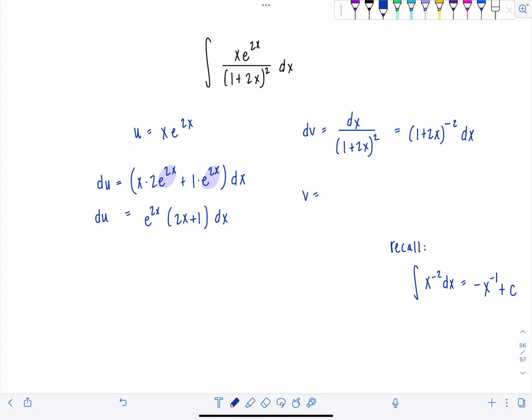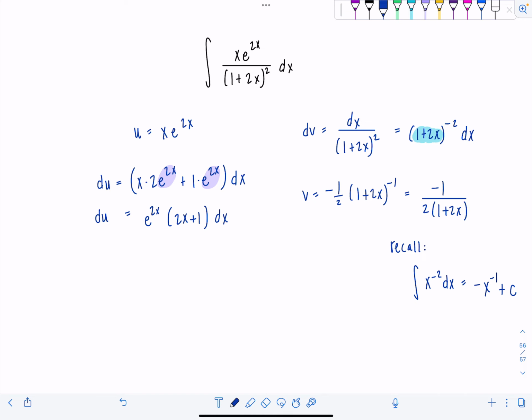Well, the same thing's pretty much going to happen here. It's just because there's a 2 in front of the x, I'm going to need to divide by 2 or multiply by a half. So the antiderivative here to find v would be negative 1/2 (1 plus 2x) to the negative first. And when we're setting up integration by parts, we don't put the plus c with v. And this is the same as negative 1 over 2 times (1 plus 2x).